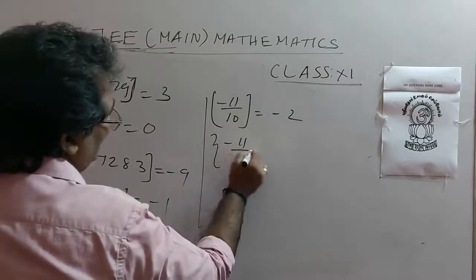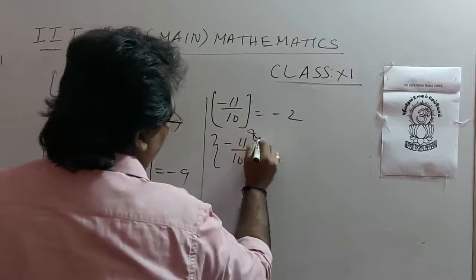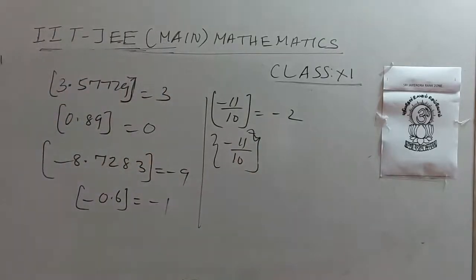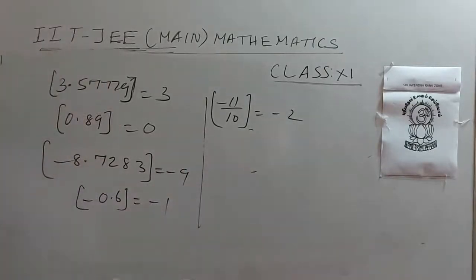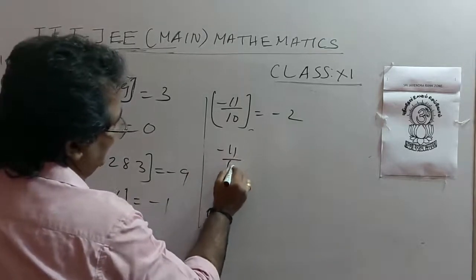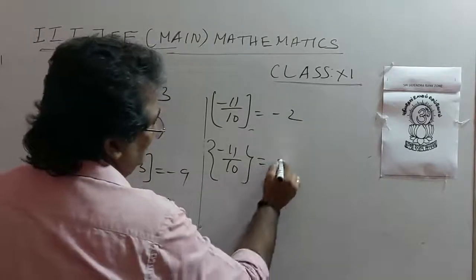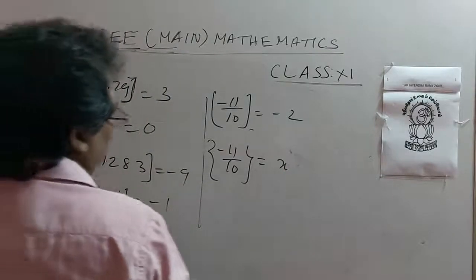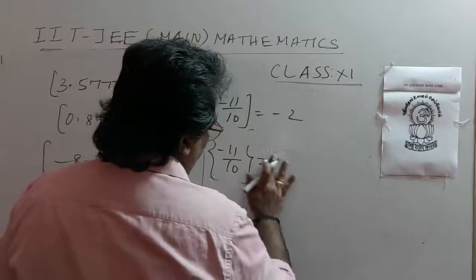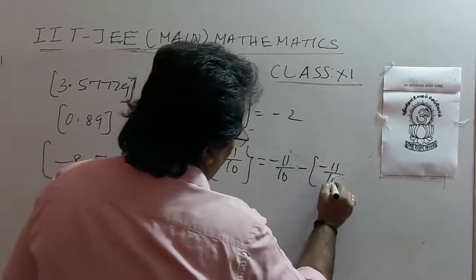Suppose you take the integer part of minus 11 by 10, that is minus 2.